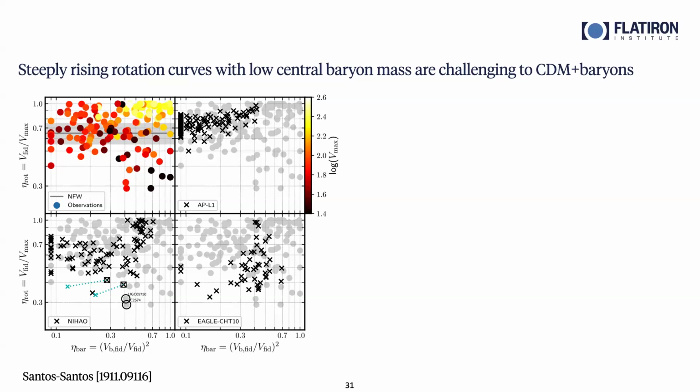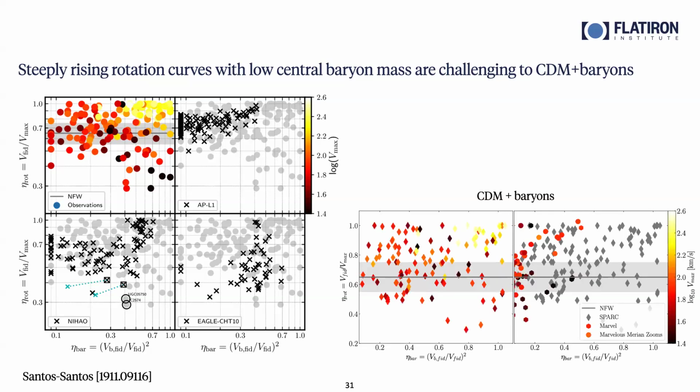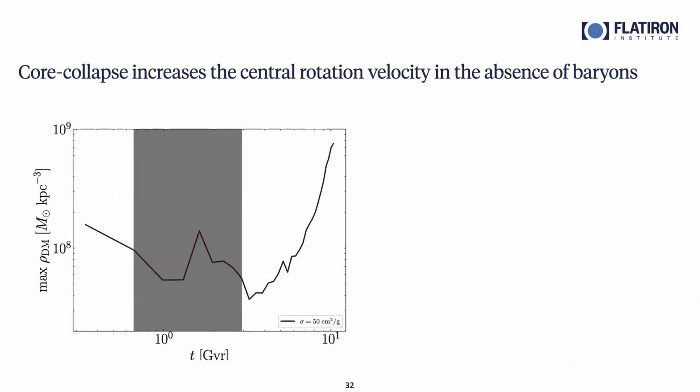I don't need baryons to produce them. I can make these really centrally dense objects that have low baryon mass fractions by invoking these very high cross sections and getting into this core collapse regime within a Hubble time. Okay, but I can produce them in these CDM simulations, so you don't necessarily need this case, but I'm going to consider it anyways.